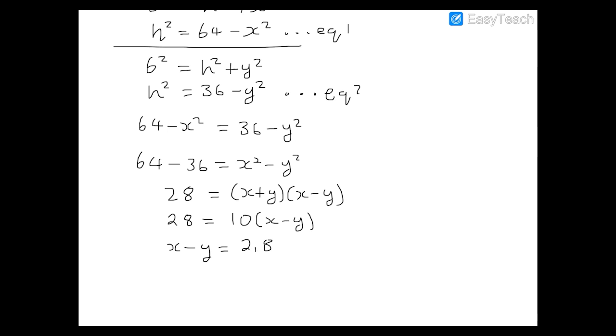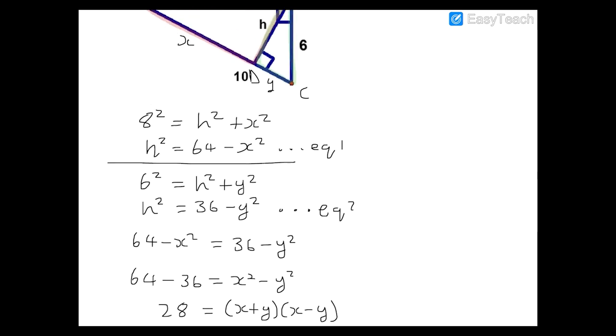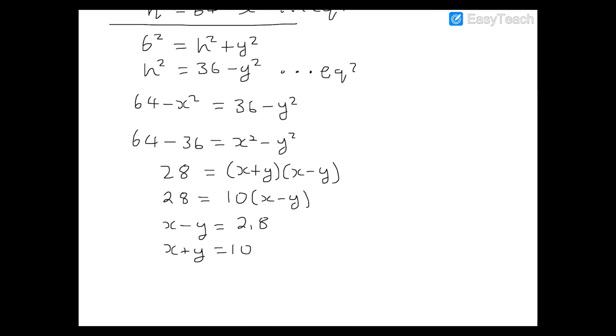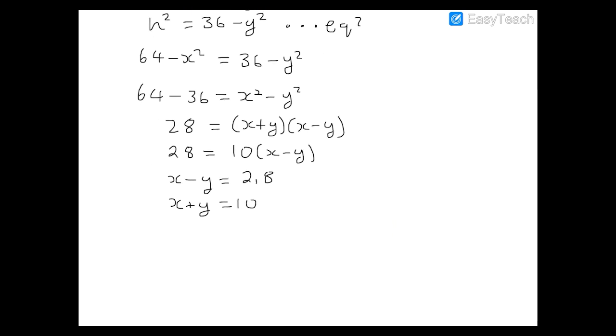And I also know there's another equation that says x plus y is equal to 10, which is just the equation for this side here. So if I add the two equations, x plus x, I get 2x.